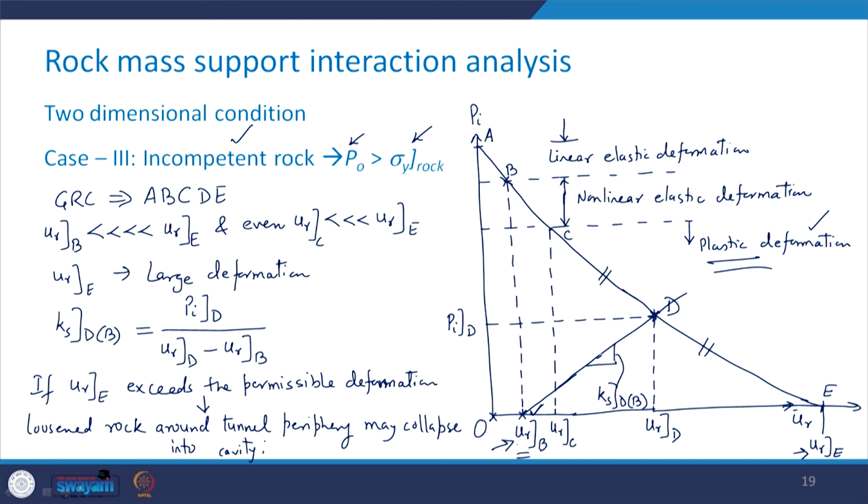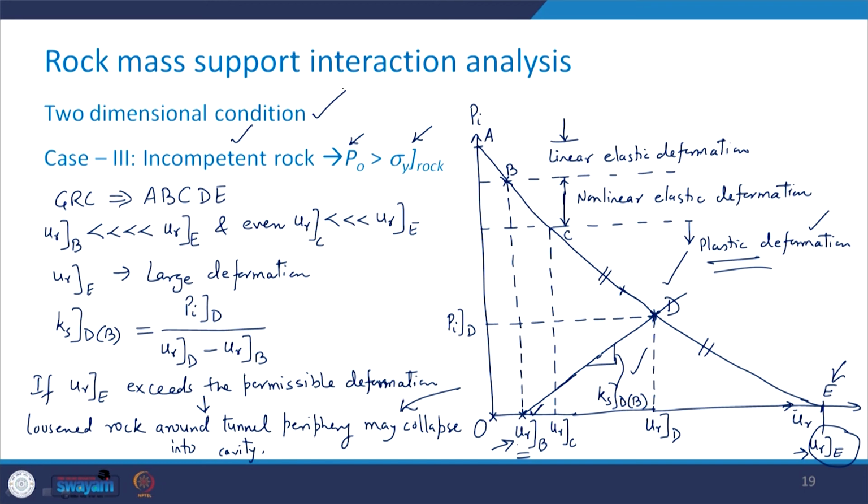So, what we need to do is, before the deformation reaches to this high value of UR at E, we need to arrest it somewhere in between, maybe at point D or any other point on this GRC, and then provide the support system which has some stiffness, and then you will be able to avoid this particular situation.